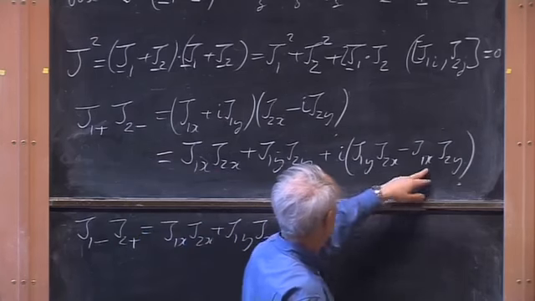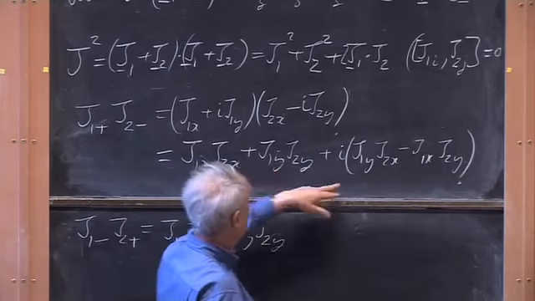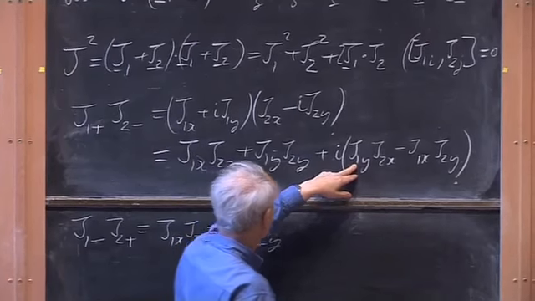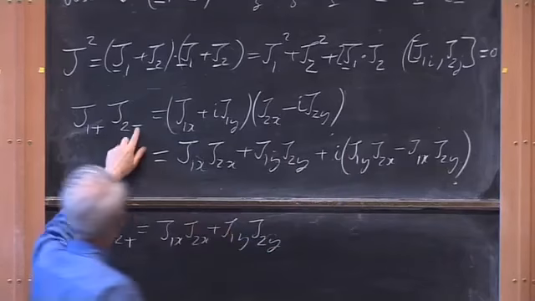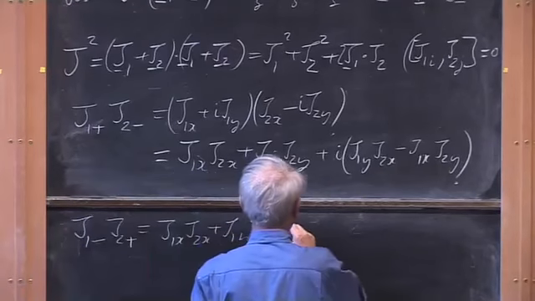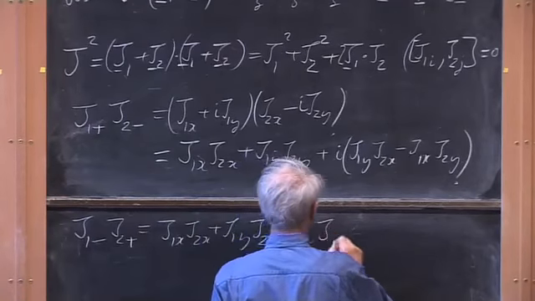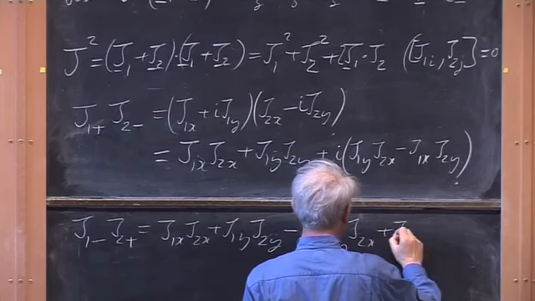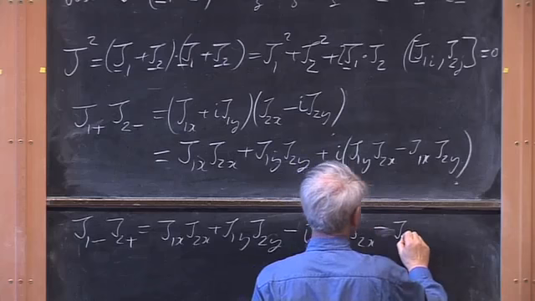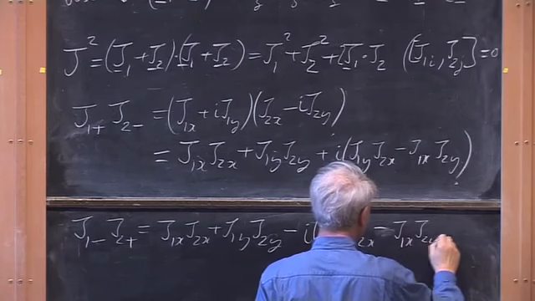But what will happen here is that the minus sign will migrate, because I've changed where the minus sign happens. So I'll get minus i (J1y J2x minus J1x J2y).